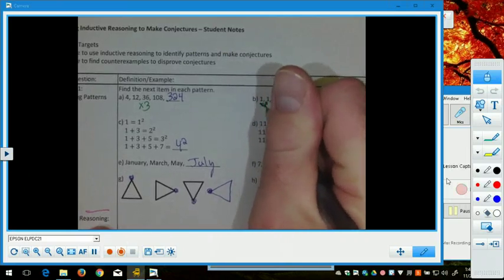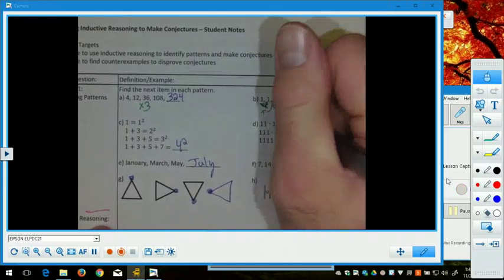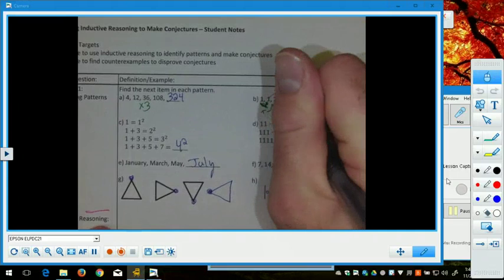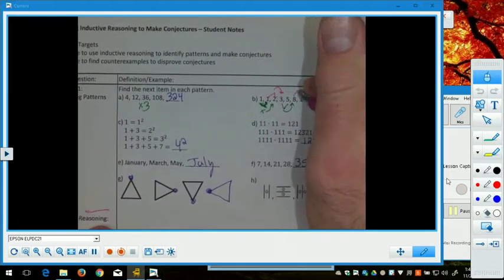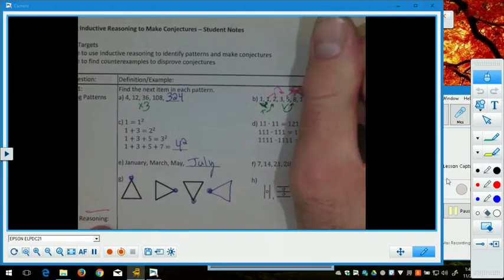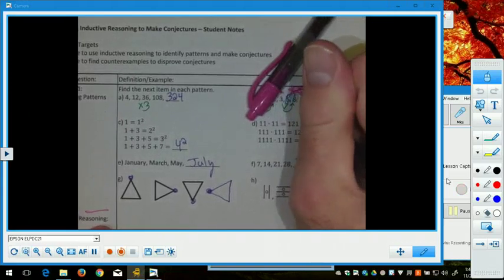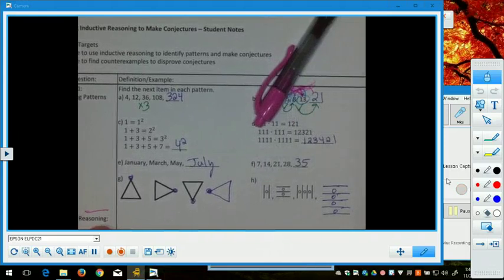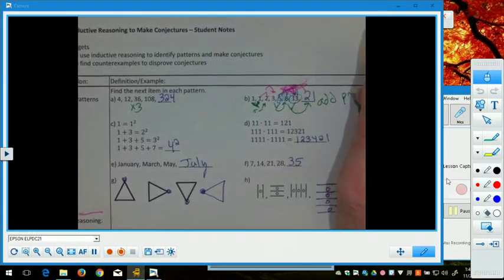This one plus this one gives us this one. 1 plus 2 gives us 3. 3 plus 5 gives us 8. 5 plus 8 gives us 13, and 8 plus 13 gives us 21. So you have to add the previous two terms.